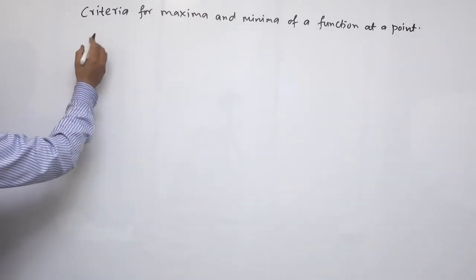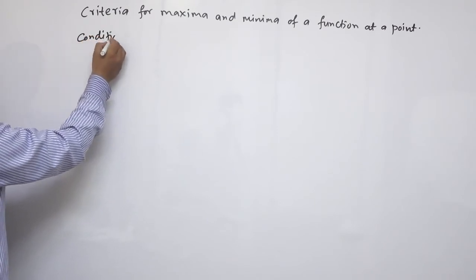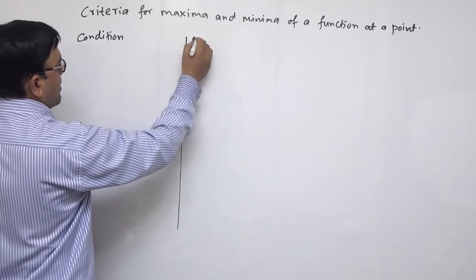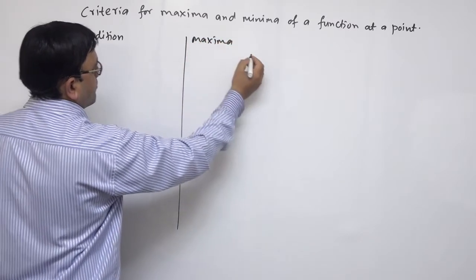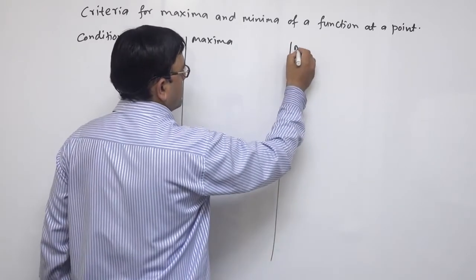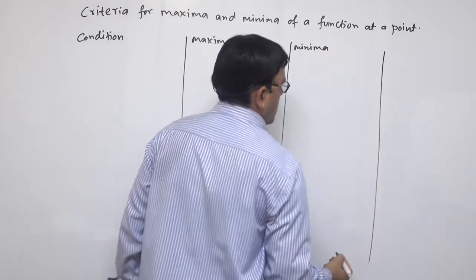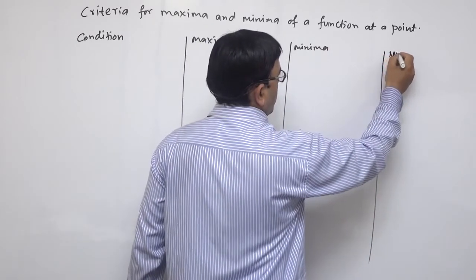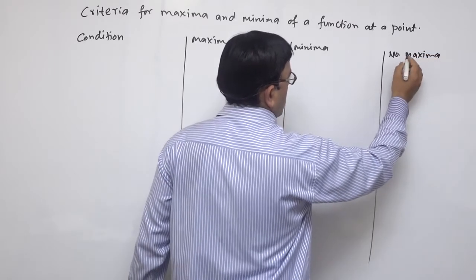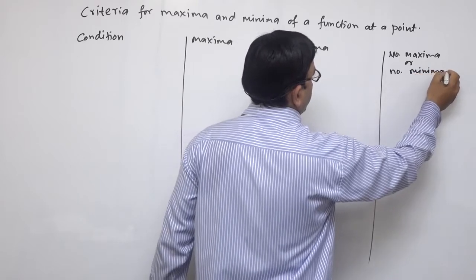For this one, we need at first condition, then after maxima, then minima, and then no maxima or no minima.